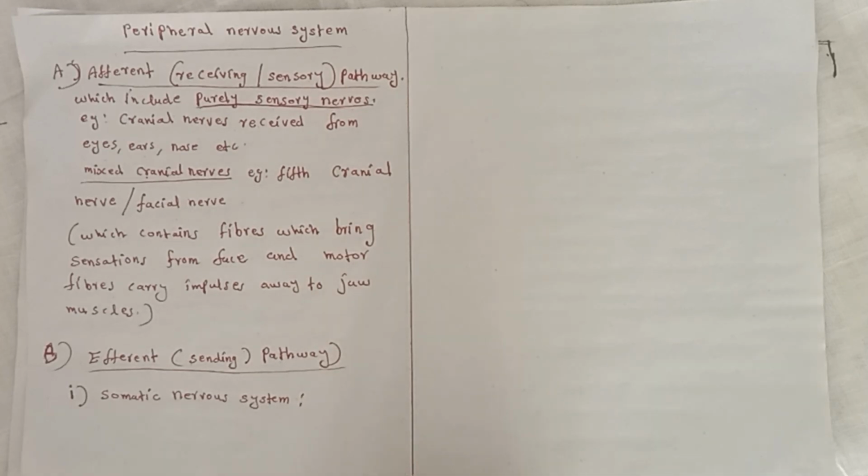It controls voluntary muscles. It includes most cranial nerves and motor nerve fibers of spinal nerves. Both convey messages from the central nervous system to voluntary muscles.